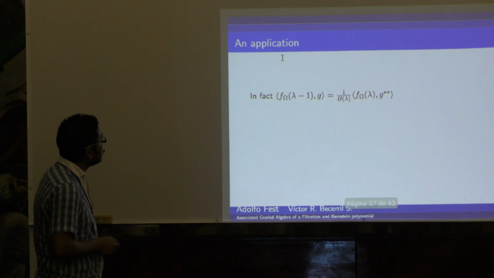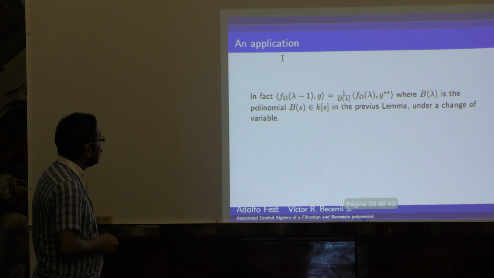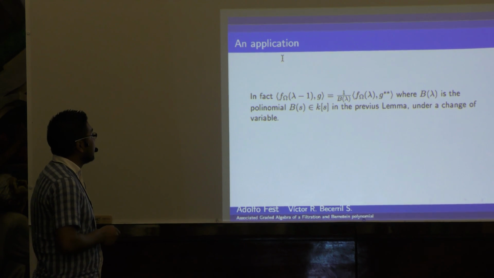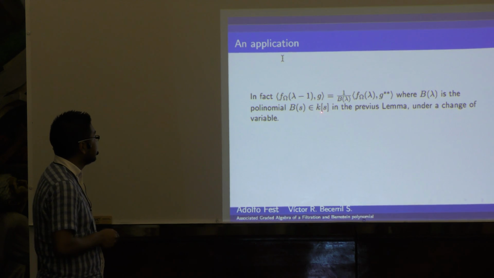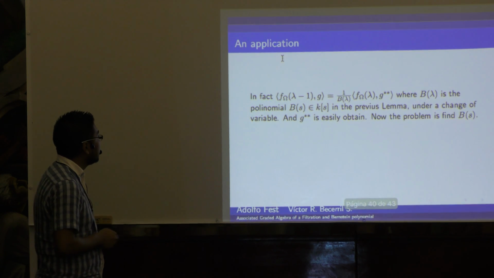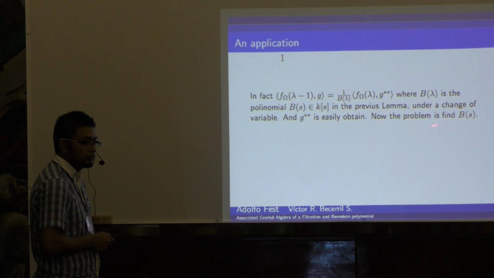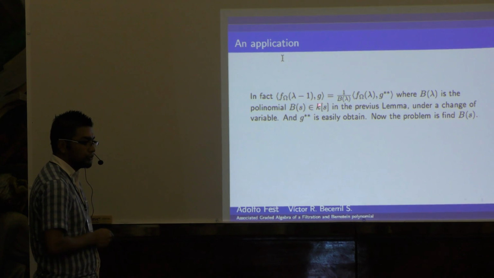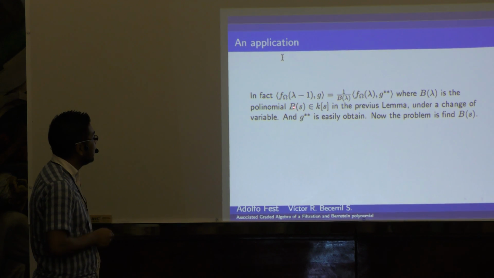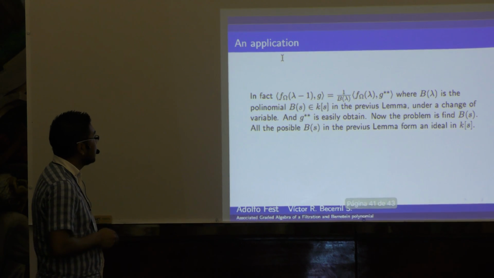For this choice, we only do a change of variable, lambda by s, and the problem now is to find this polynomial. If we find this polynomial, we can extend the function step by step to the complete complex plane.